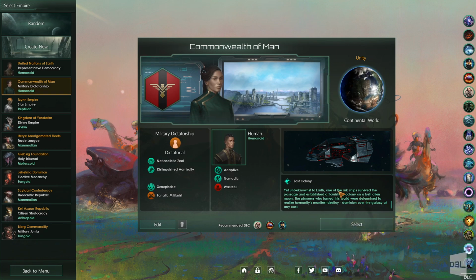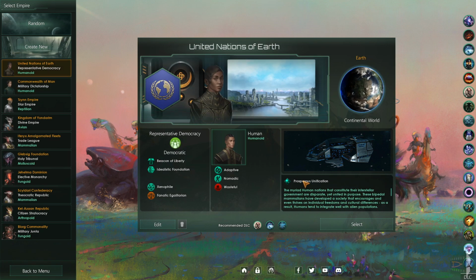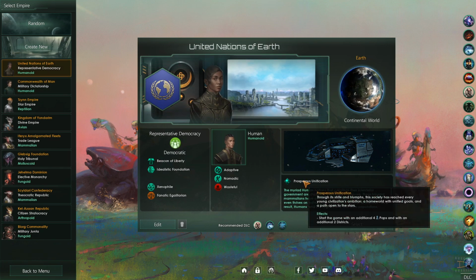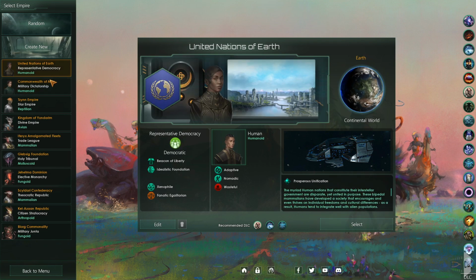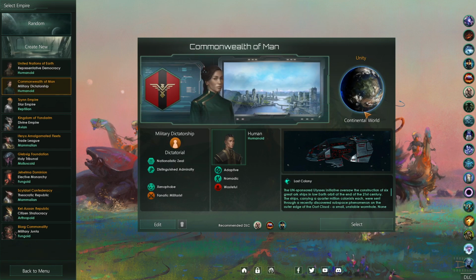Well, that's kind of interesting. So, what are these little blurbs down here? The civilization originated as a lost and forgotten colony. So they're talking like this entire civilization. Oh, I noticed that it's not Earth. It's a totally different world. Okay. Called Unity.